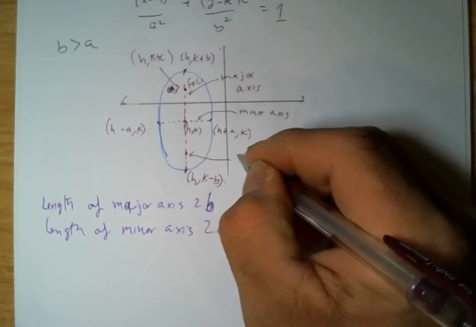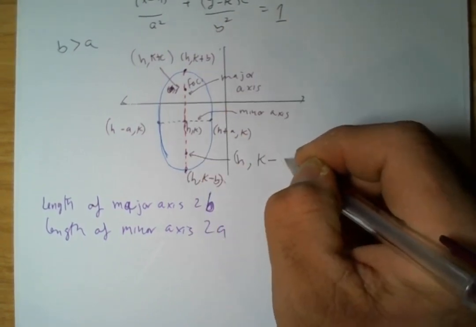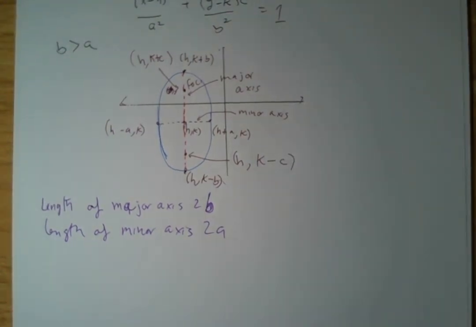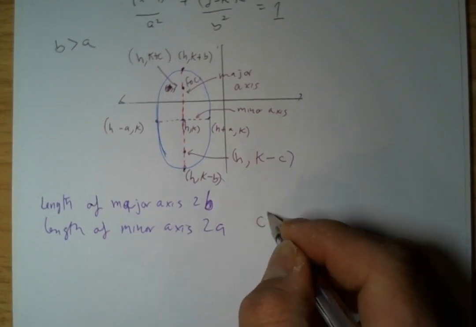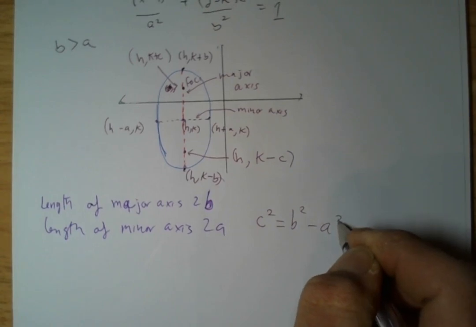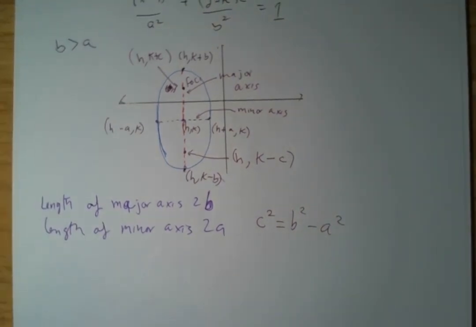And then for this one, h remains the same, and we'll have k minus c. And that would be our second focus. Okay, and same as before, to relate the values of a, b, and c, c squared will be b squared minus a squared in this case, when b is the larger value. Always minus the smaller value.